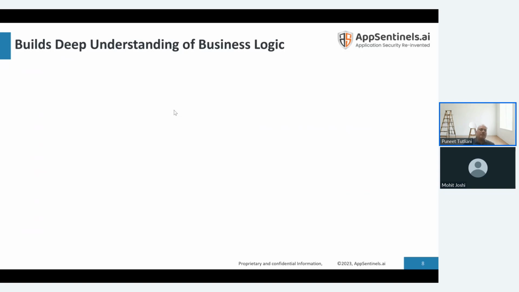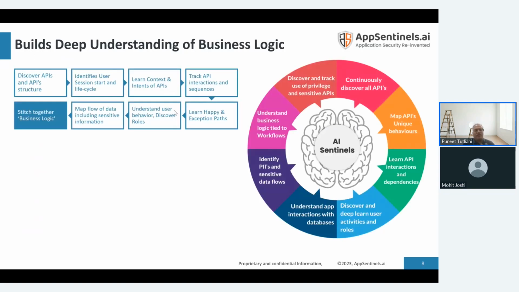API attacks are very specific to the application, and unless a security platform builds a deep understanding of the application, it cannot protect against API-based attacks. And this is what AppSentinels does well. The AppSentinels platform builds a very deep understanding of the customer application.